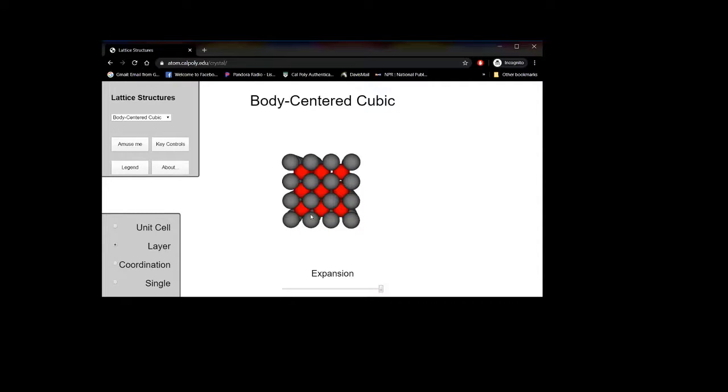I have to double check, but let me check real quick. So some forms of iron are body-centered cubic. I was trying to find a list of elements that actually take on the different shapes.